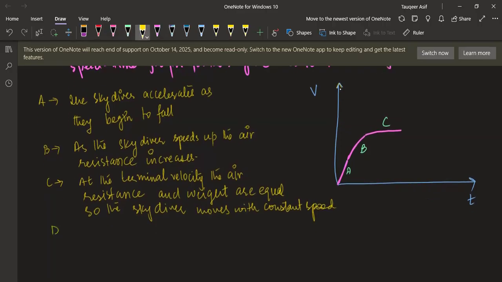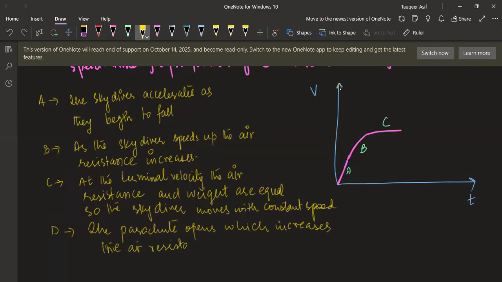In the fourth step, when the parachute opens, what happens? When the parachute gets opened, it will increase the air resistance, right?